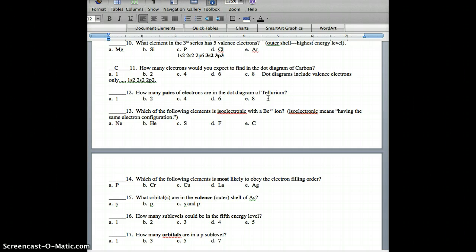All of the transition metals, the D sublevel block, are supposed to have 2 valence electrons. Sometimes they don't follow the rules, but they're supposed to. Then the boron family has 3, the carbon family has 4, the nitrogen family has 5, the oxygen family has 6. Tellurium is in the oxygen family, so you would expect to find 6 valence electrons.